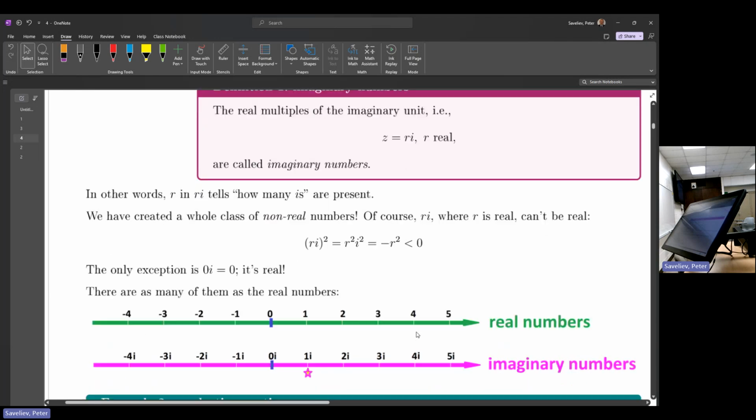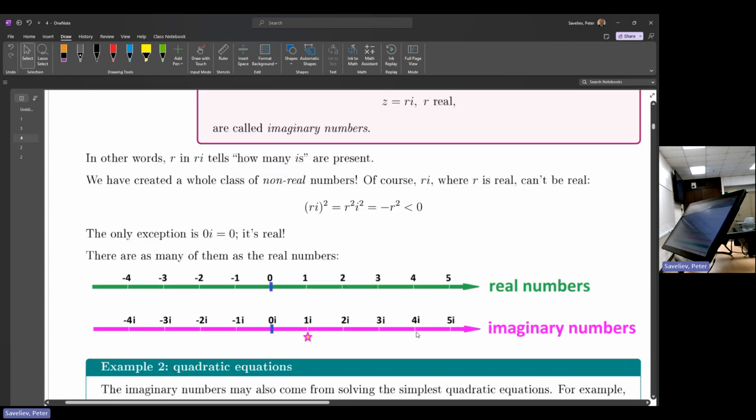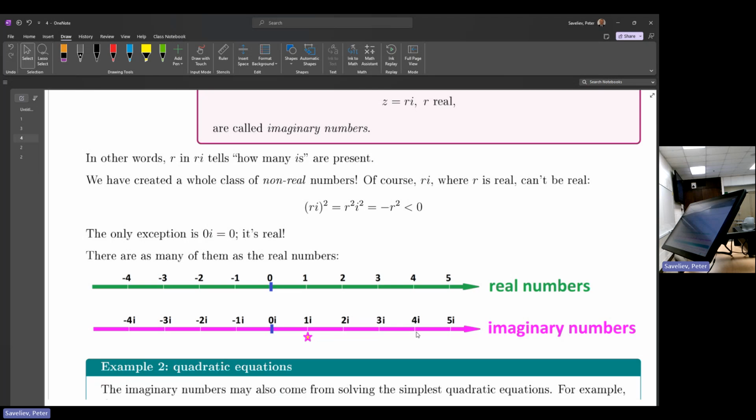So this is what it looks like. This so far is our new system of numbers. We have real numbers, we have imaginary numbers, and once again, apples and oranges. We're counting ones on the green axis, and we count oranges, i's, for the second one.